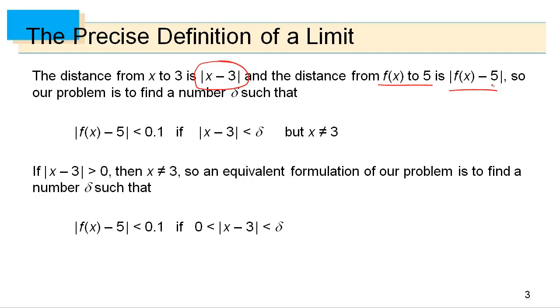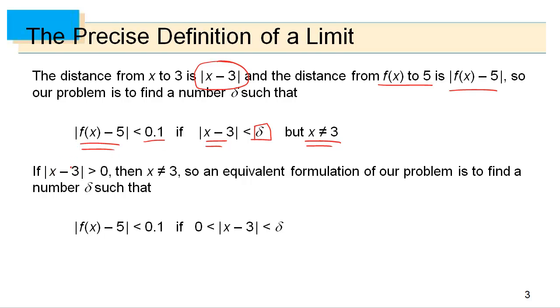So if we want to figure out how close x has to be to 3 in order for the function to be within 0.1 of 5, then we're asking, okay, we want the distance between the function and 5 to be less than 0.1. If that's the case, then we want the distance between x and 3 to be less than how much? What do we have to set it to in order for this to work? But we always have this caveat that it can't be equal to 3.